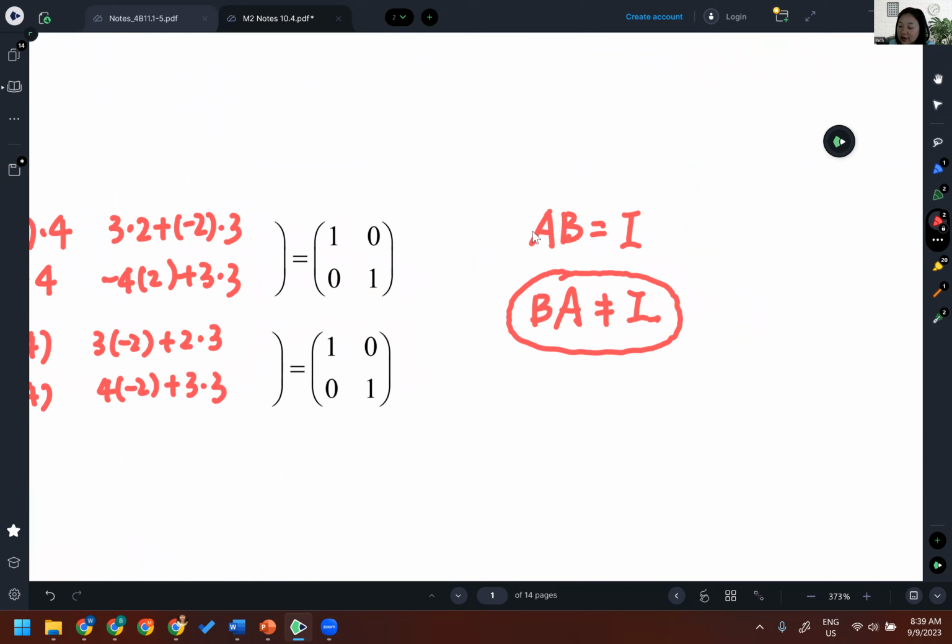Prove that if A times B is equal to I, then B times A must equal I. You can try, because I remember I've done it before in the past, but it's not easy. But I think with your ability, you should try to find out how this can be proven. Okay, let me know your findings.